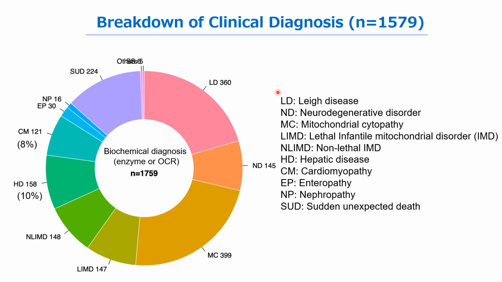About half of patients have a muscle and nerve phenotype, including Leigh syndrome, neurodegenerative disorder, and mitochondrial cytopathy like MELAS. About 16% is neonatal onset mitochondrial disease, 10% is hepatic disease, and cardiomyopathy type is 8%.